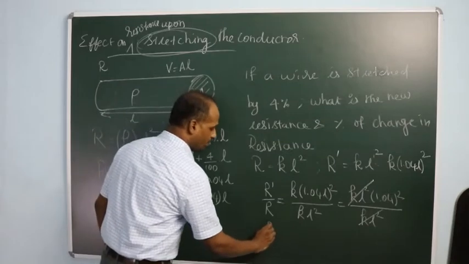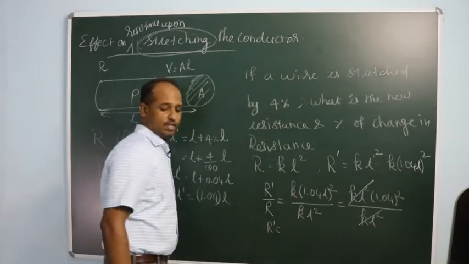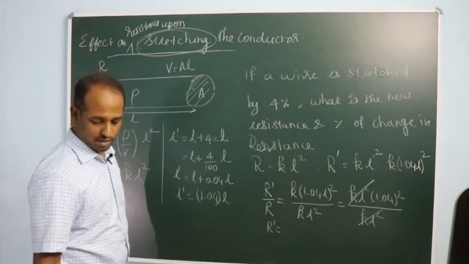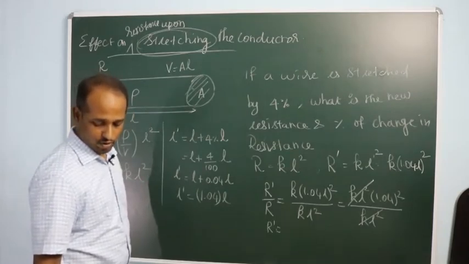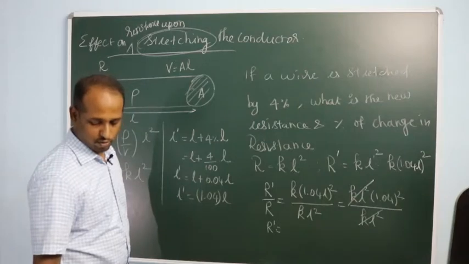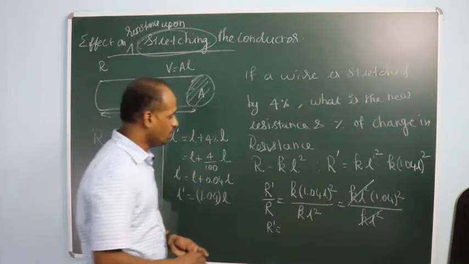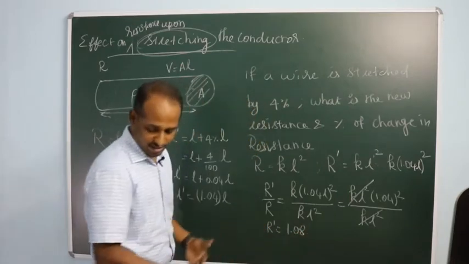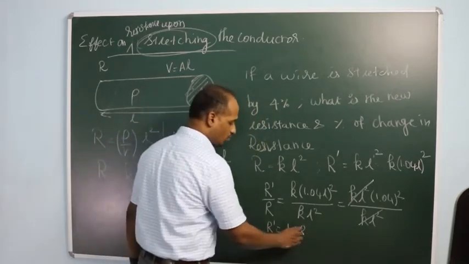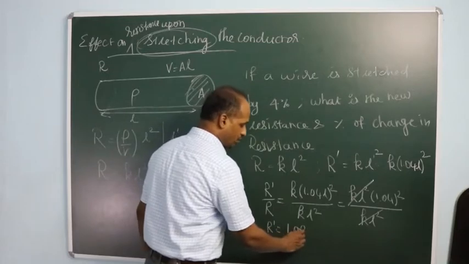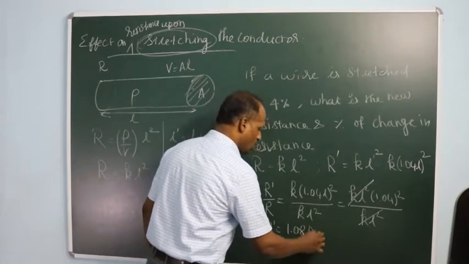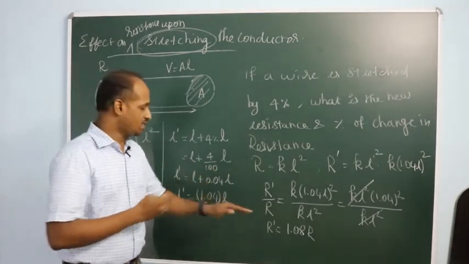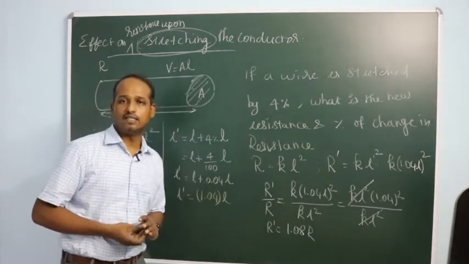Then R prime by R is equal to 1.04 whole square, which is 1.08 something, it is coming 1.081. So R prime is equal to 1.08 R. If they ask the new resistance, it can be calculated like this.